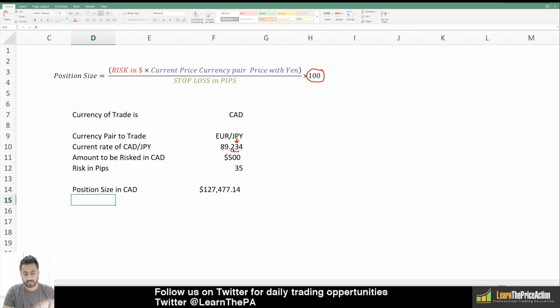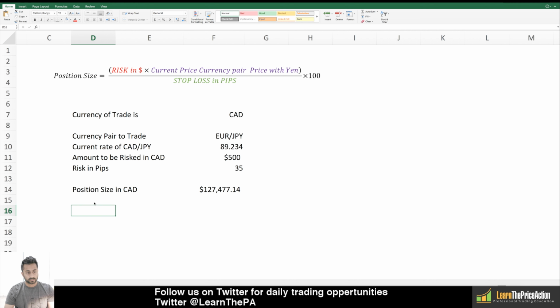So if you have 89.234, and then you go to the next level, let's say 89.245, then you are 1 pip ahead of this value. So this is the pip value, and this is the fraction of a pip. So that's why I'm using 100 here.